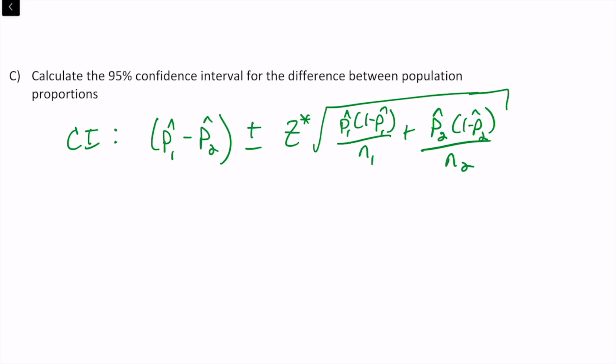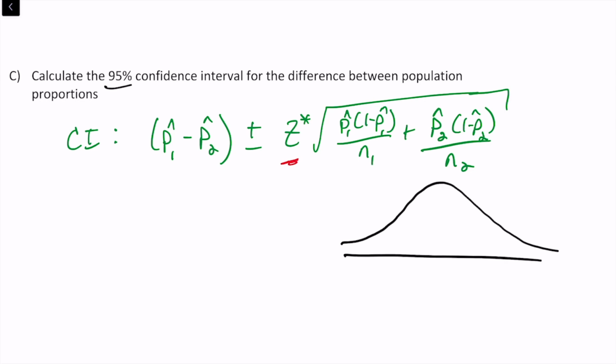Now, remember, we've already got the standard error, so that takes care of the square root. We know P1 hat, we know P2 hat. The only thing that we need now is Z star, and I'm hoping you guys are super familiar with how to do this now, but I will do it one more time. We want to be 95% confident, so we know the drill. Because we have all our conditions for the sampling distribution, we are approximately normal. Right down the middle is where Z is equal to 0.